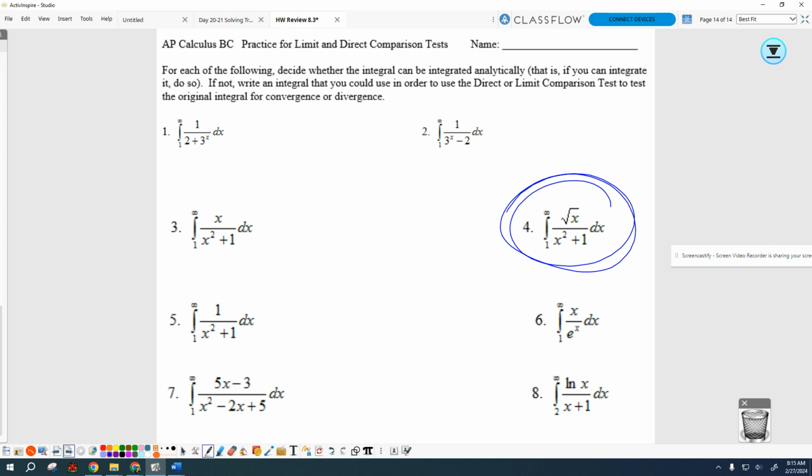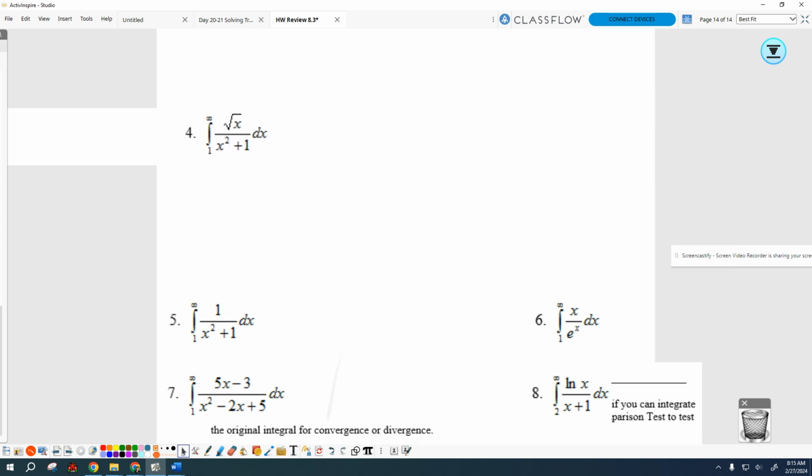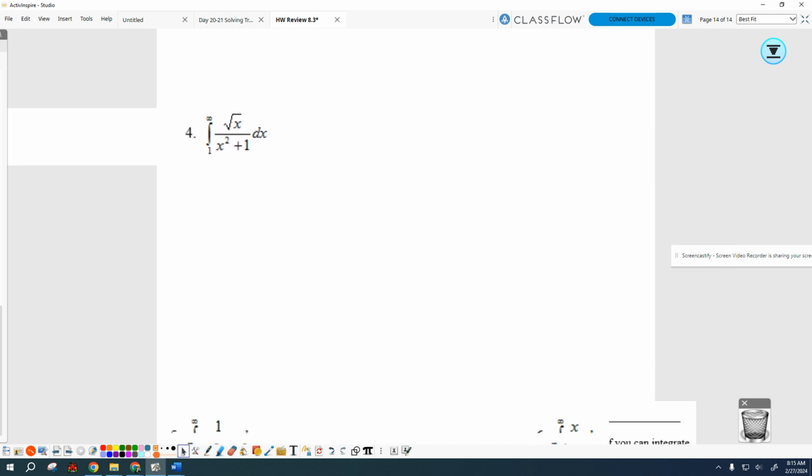Seeing some process issues. What's the first step? Alex, what's the first step? Well, I saw that it's similar to 1 over x.